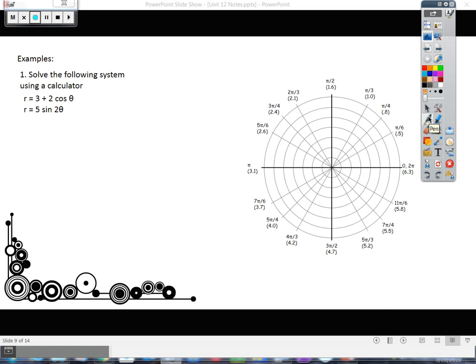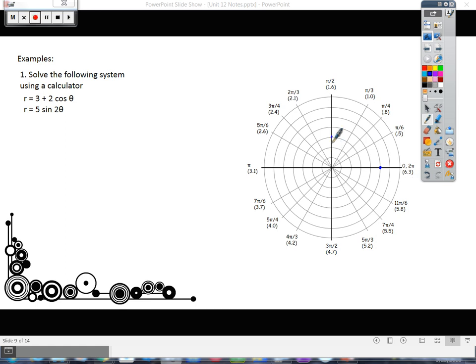I'm going to sketch the 3 plus 2 cosine first. I actually did graph them already. It can be a sketch, but it needs to be fairly accurate because we're going to be using these angle measures to determine where we're actually intersecting. So let's just do that.